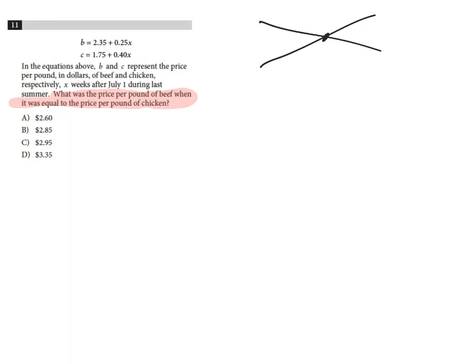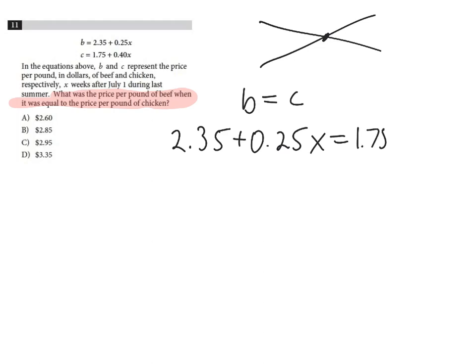Okay, well, if B and C are the price of beef and chicken, then we want to know when B equals C. Okay, well, B is $2.35 plus 25 cents x, and C is $1.75 plus 40 cents x.